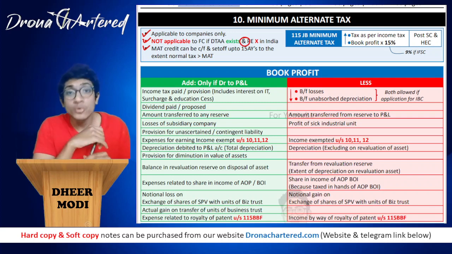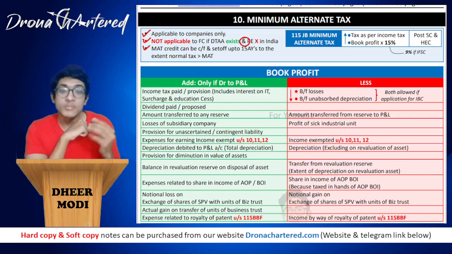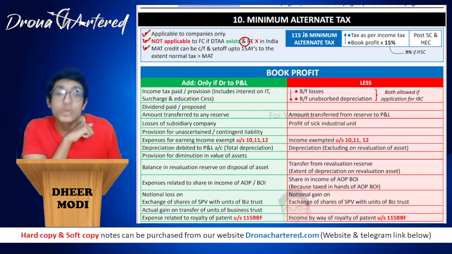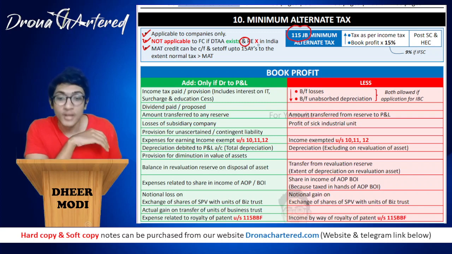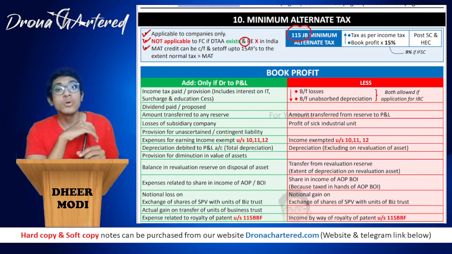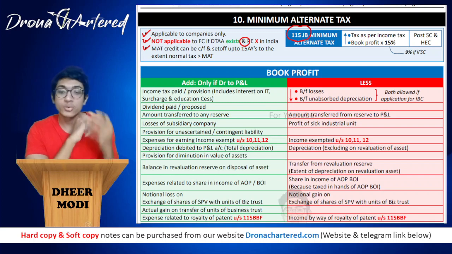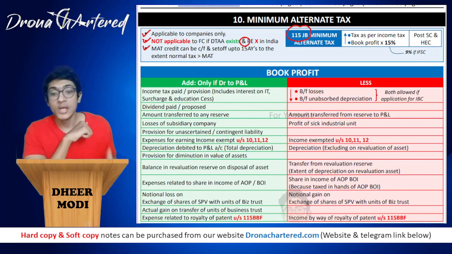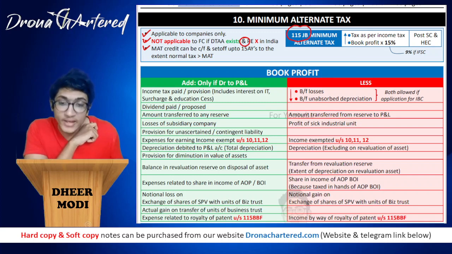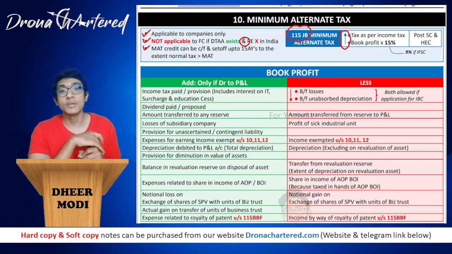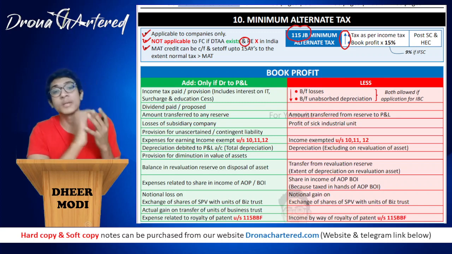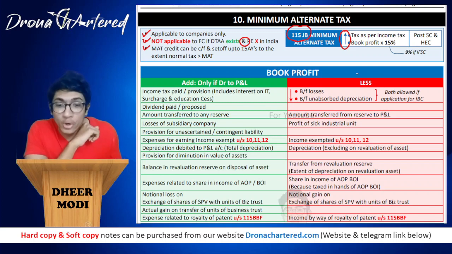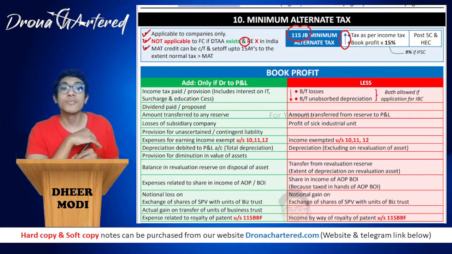Okay, now sir, how do you calculate minimum alternate tax? First of all, you have to remember the section, that is section 115JB. Section 115JB gives you the method to calculate your minimum alternate tax. Minimum alternate tax is the higher of the tax as per income tax, that is, whatever tax is payable as per the provisions of the Income Tax Act, or your book profit into 15%.